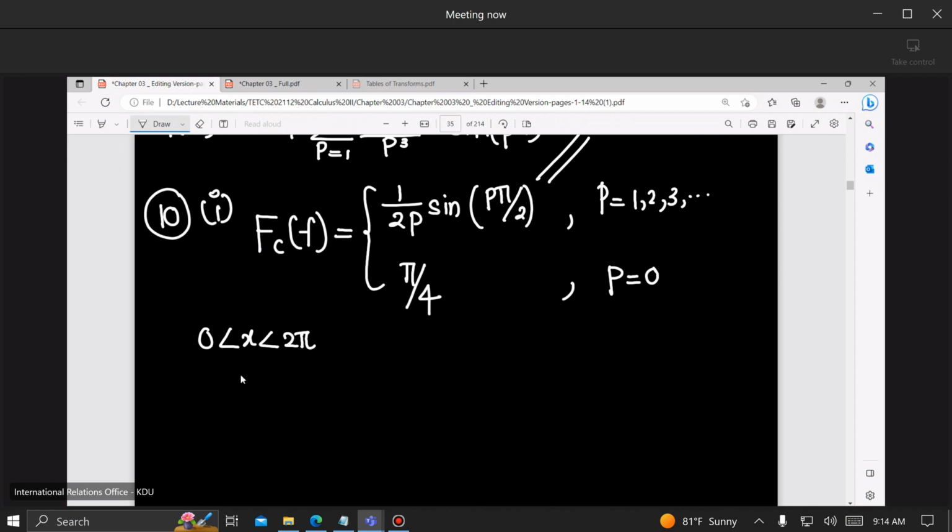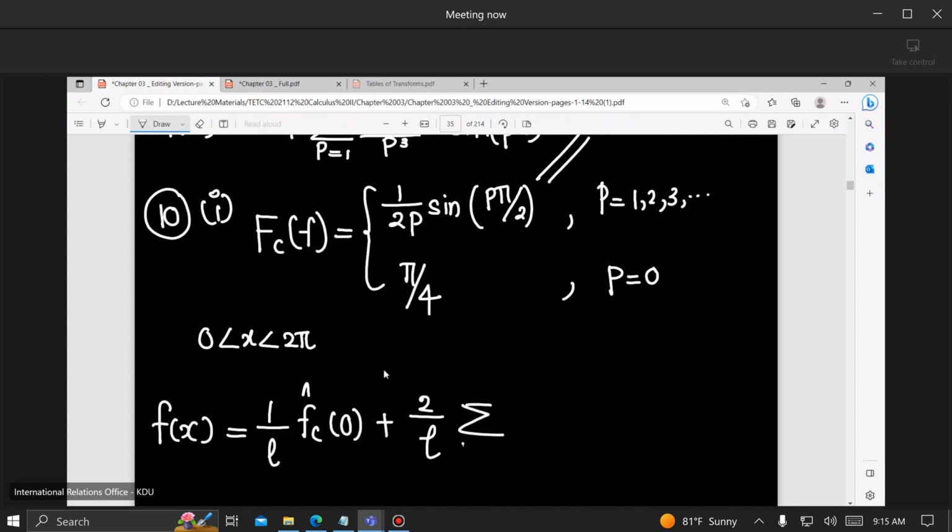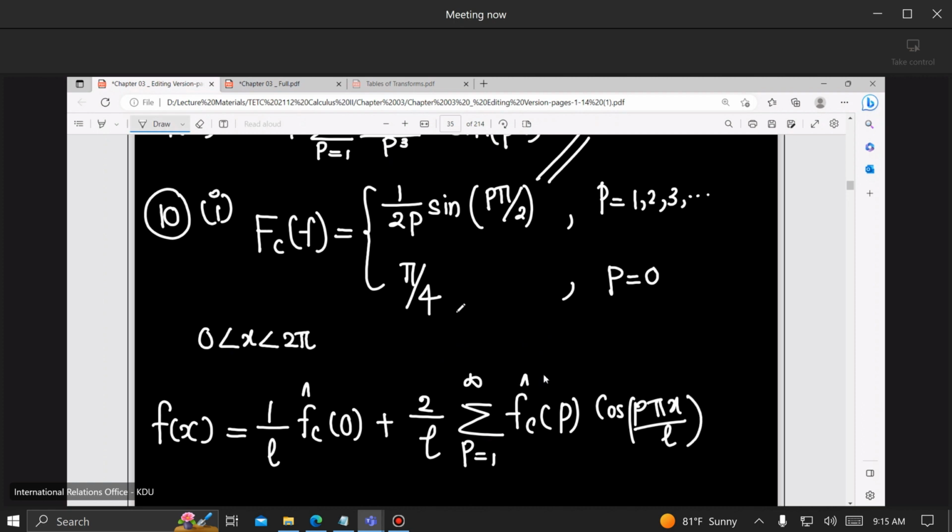Let's recall it: f of x is equal to 1 over L f hat c 0 plus 2 over L summation p is equal to 1 to infinity f hat c p cosine p pi x over L.